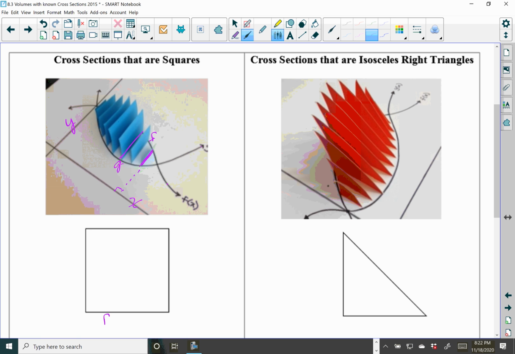So this would be f minus g in length. And since this is a square, it's going to be also f minus g in its height. So I'm just making note I've got width and height figured out.